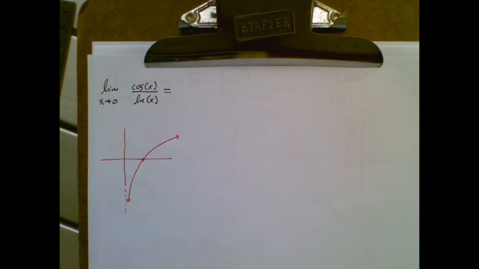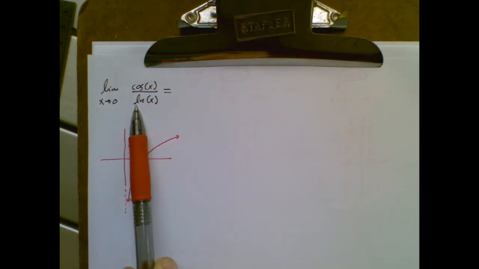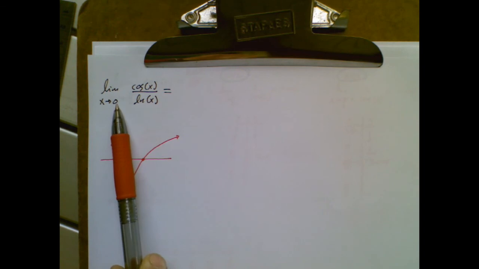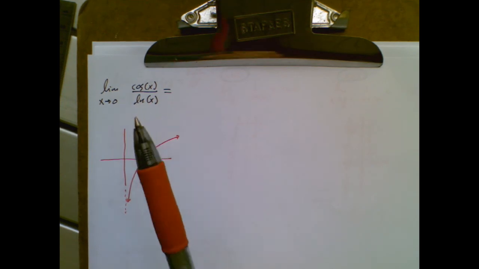Okay, final example of your intelligent T-chart style thinking, or intuition style thinking. I want to do this limit, and I always want to try plugging in a 0. Cosine of 0, no big deal, that is 1. Natural log of 0, that's a big deal because that's an explosion in the denominator.